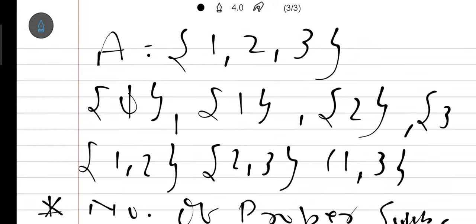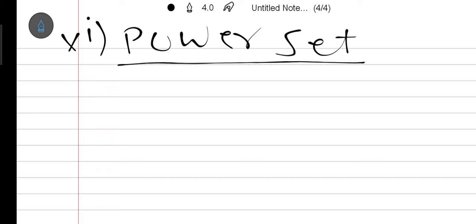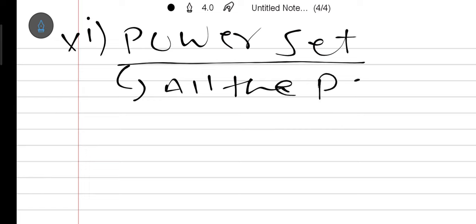Now let's move ahead to the last one, that is the power set. What does power set mean?